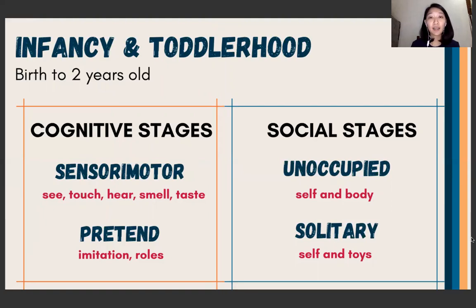For pretend play, children start to imitate others' actions and also begin to take on common roles, such as being mommy by putting on makeup, cooking in the kitchen, or being daddy, driving his car, working on his computer.